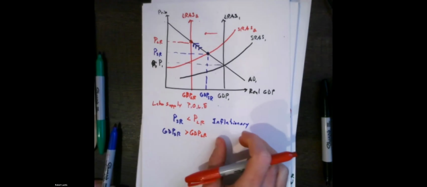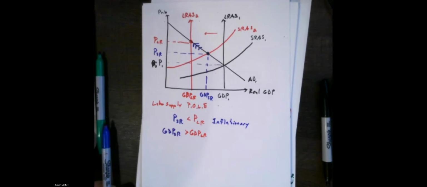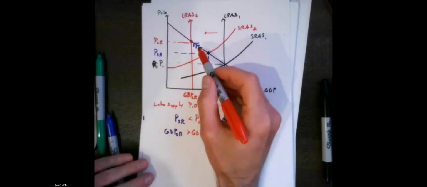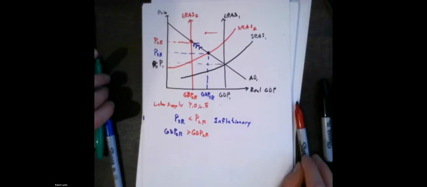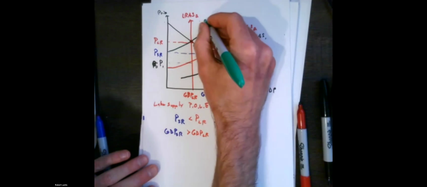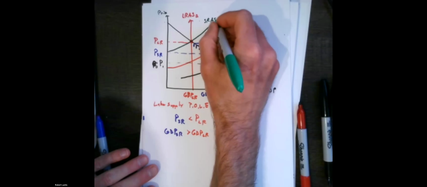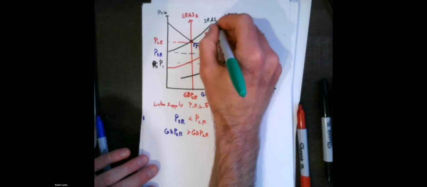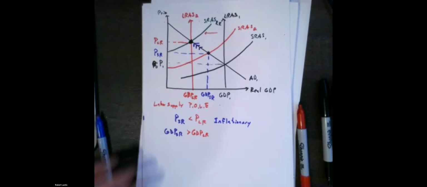I actually have current real output that is higher than what it will be in the long run. So if firms expect this inflation moving forward, they'll adjust accordingly, shifting short run aggregate supply until we end up at this long run equilibrium. Okay.